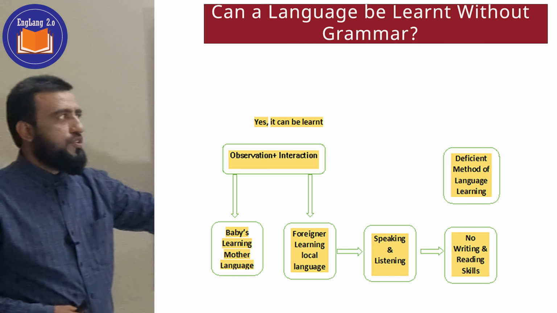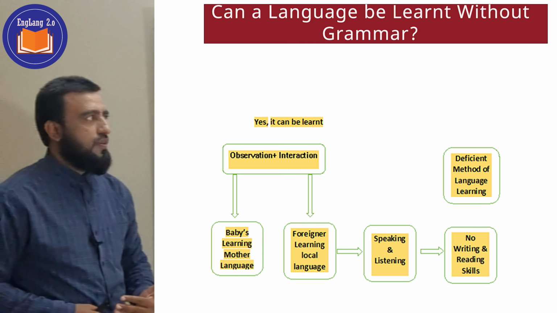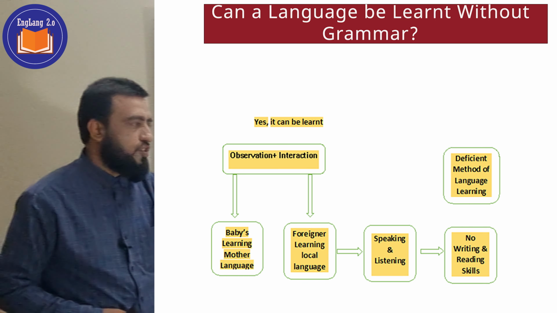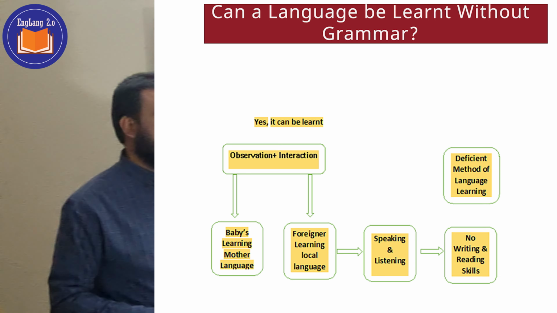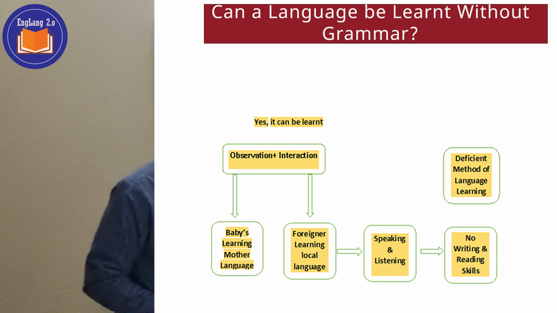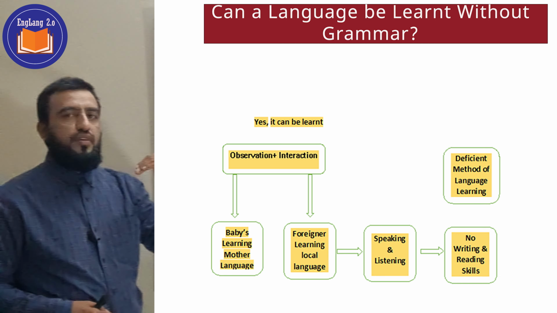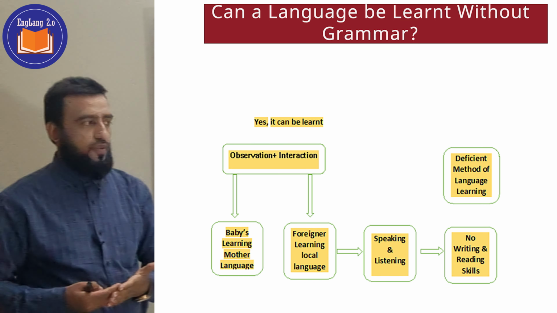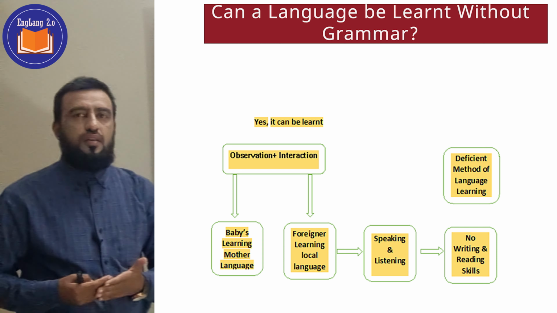If you learn the language without any grammar, it's acquisition, and he would only be efficient in listening and speaking, but he would be deficient in writing and reading skills. So learning a language without a grammar, or learning a language through conversation, is a faulty method of learning a complete language.